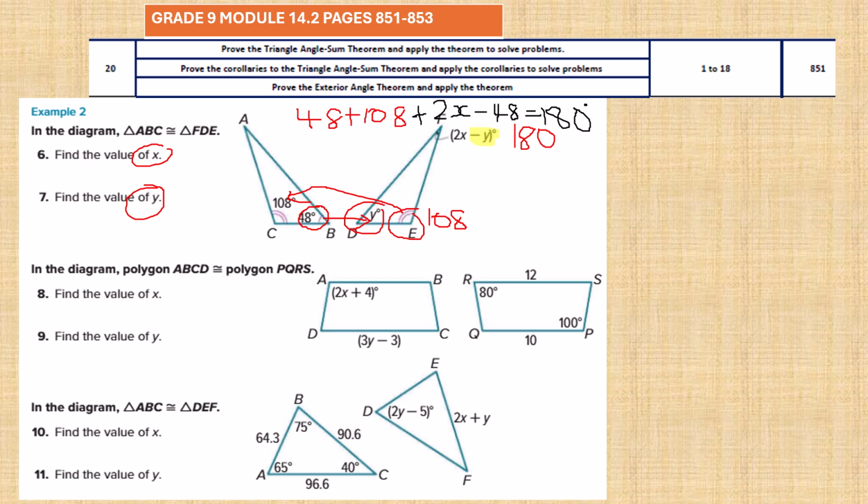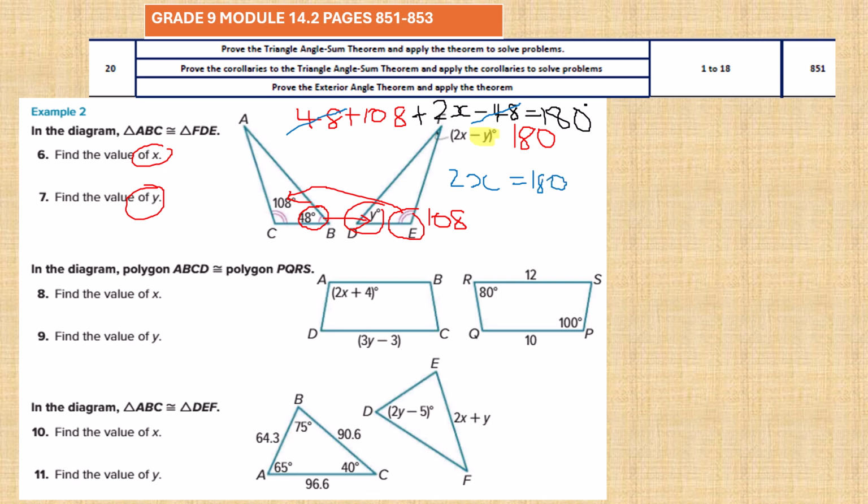Very quickly we are able to calculate this. The quickest method, plus 48 and minus 48 will cancel off. So all I'm left with is 2x is equal to 180.